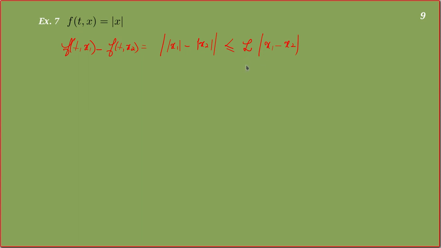Here this is definitely less than this. So if I take the absolute value of this, it is less than this, showing that L is bounded, and therefore this function mod x is locally Lipschitz. In fact it has a Lipschitz constant here, and the Lipschitz condition is satisfied for this function.